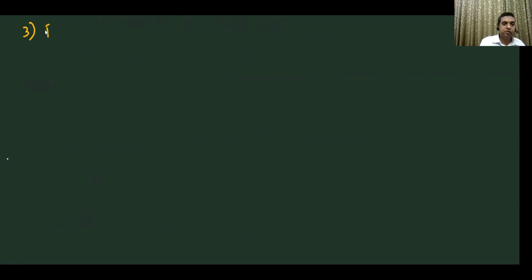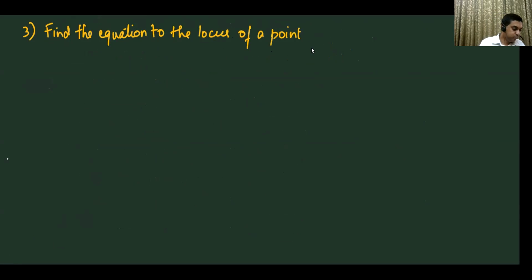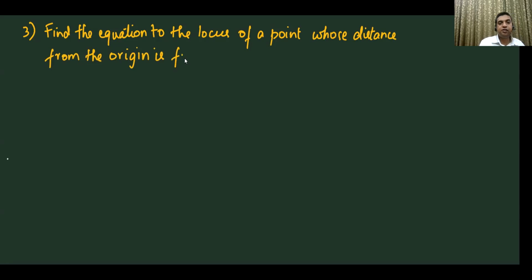Find the equation to the locus of a point whose distance from the origin is 4 times its y coordinate.